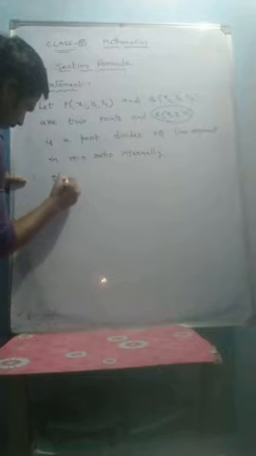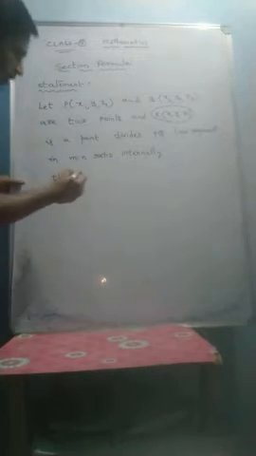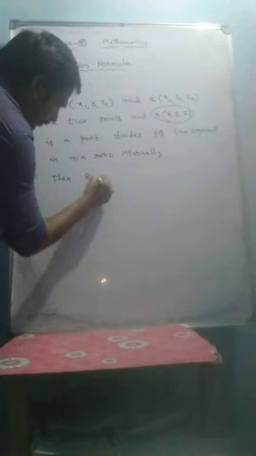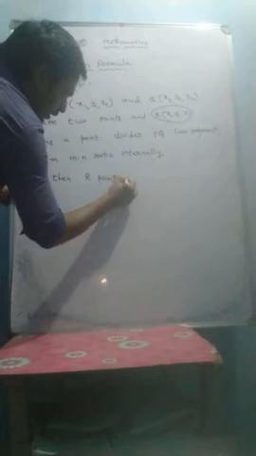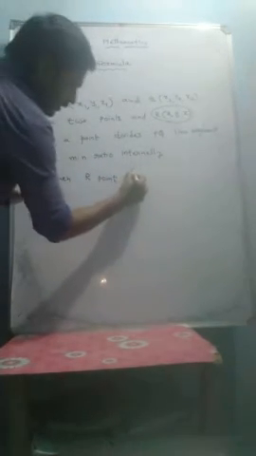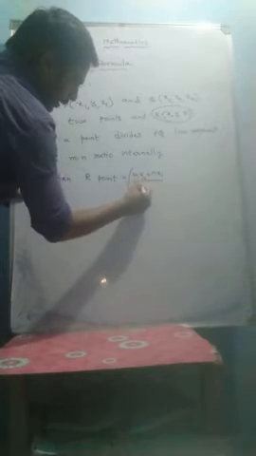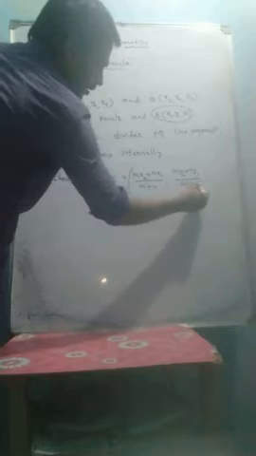Then the point R is equal to (mx2 plus nx1) by (m plus n), comma, (my2 plus ny1) by (m plus n), comma, (mz2 plus nz1) by (m plus n).